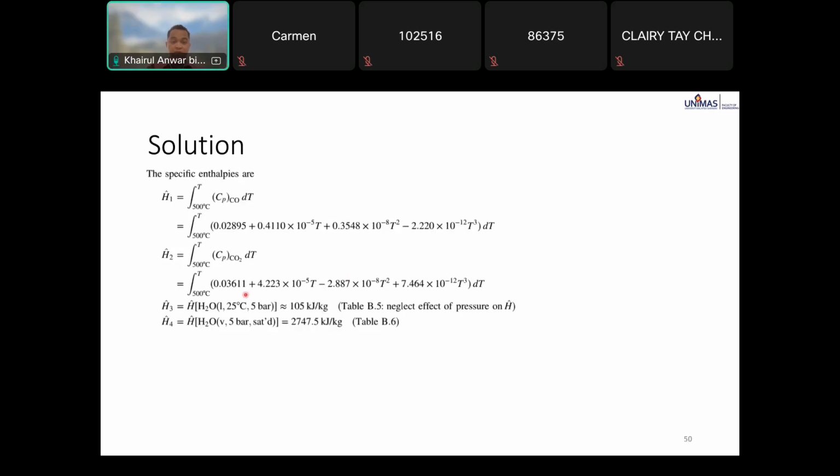So we cannot leave it in this expression. You need to do the integration, and once you do the integration, substitute this value, 500 to T.